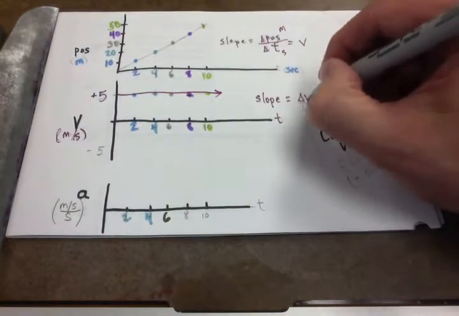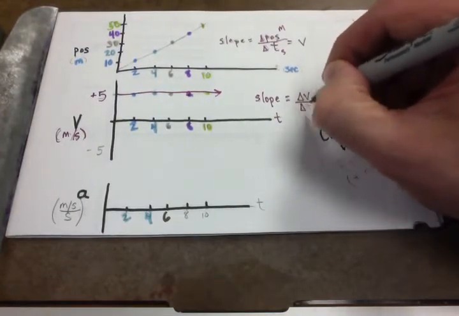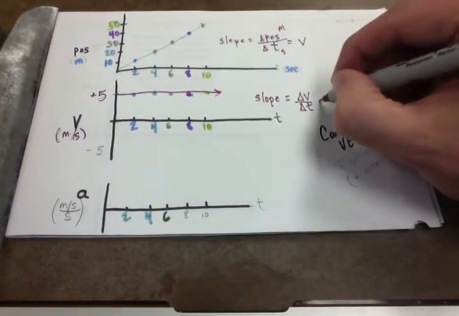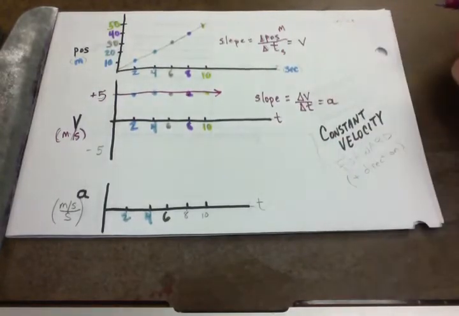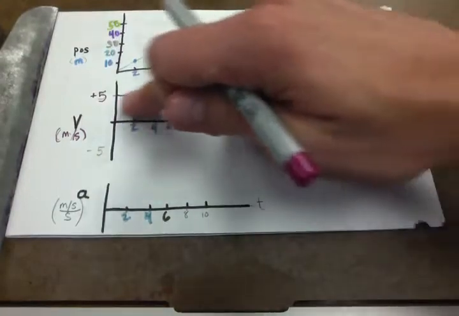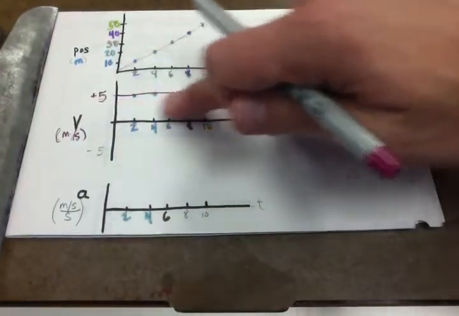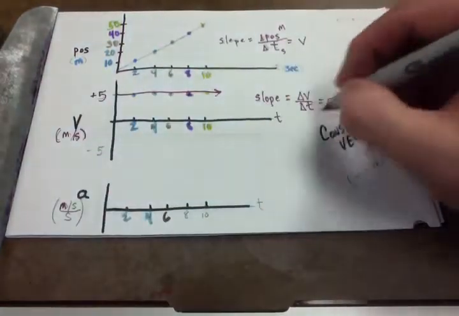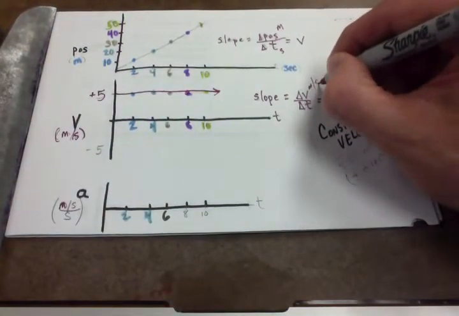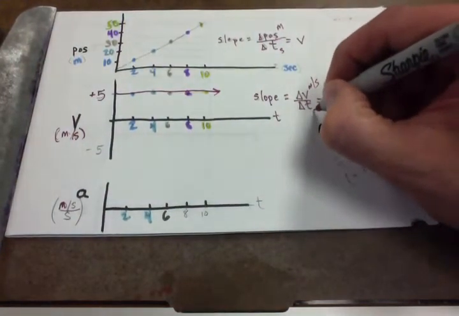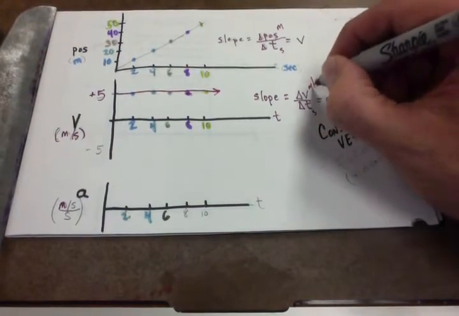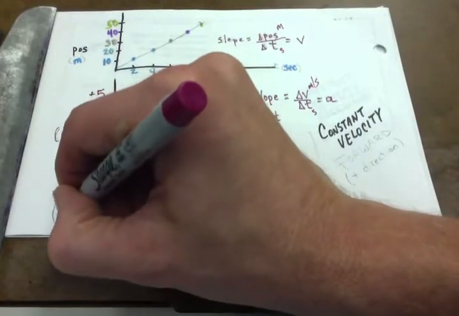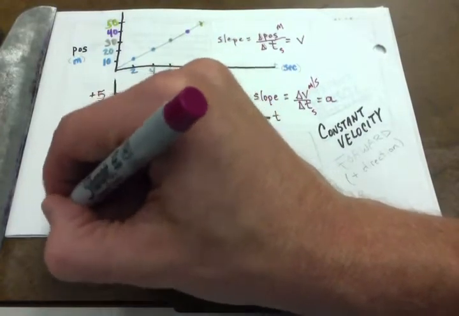Same thing here, we're looking at the slope of this graph, so it's our change in velocity over time. That is our definition of acceleration. That slope does not change. The units are meters per second, our time is seconds, so really we get meters per second per second.